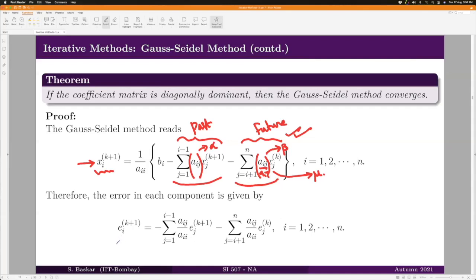You can write each component of the error vector involved in the (k+1)th iteration like this. Remember, the idea is again exactly the same as what we explained in the Jacobi method, therefore I don't need to explain it here. Only thing is you just split that one summation into two parts. That is the only difference.